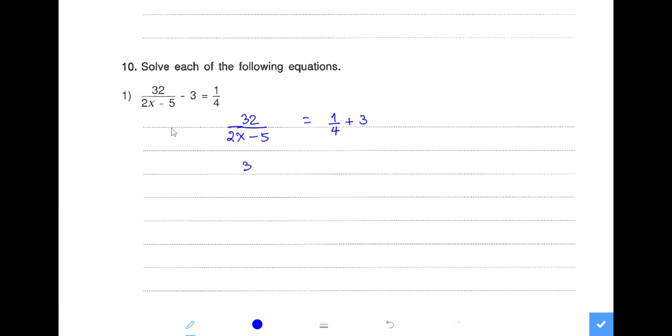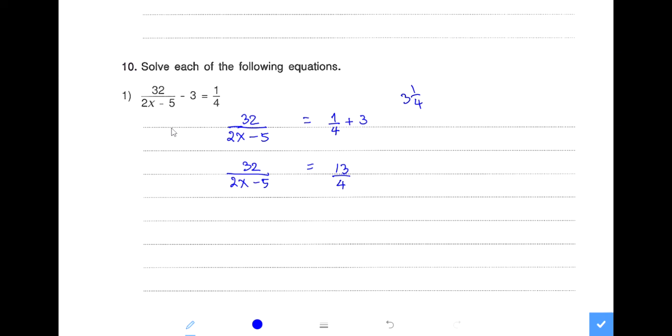So what do I have now? 32 over 2x minus 5 equals 1 over 4 plus 3. This is actually 3 and 1/4, a mixed number. It's the same as that one. If you change it to a fraction, 3 times 4 is 12, 12 plus 1 is 13. So it becomes 13 divided by 4.